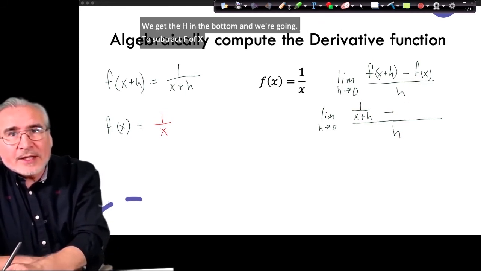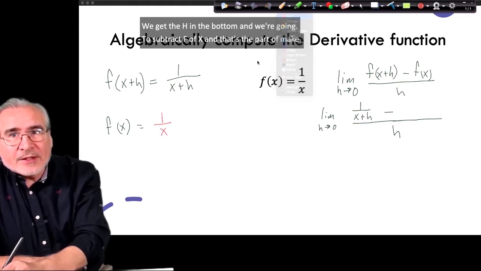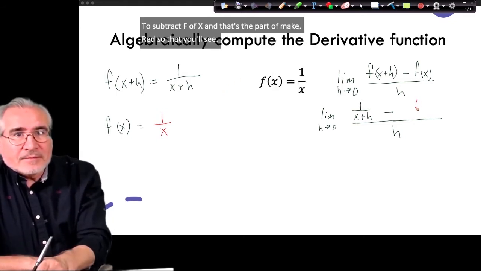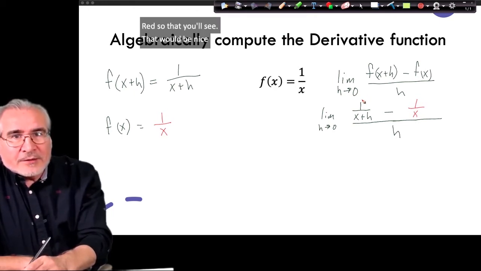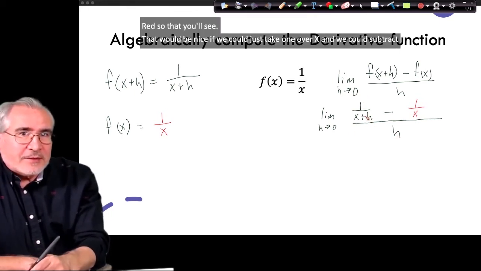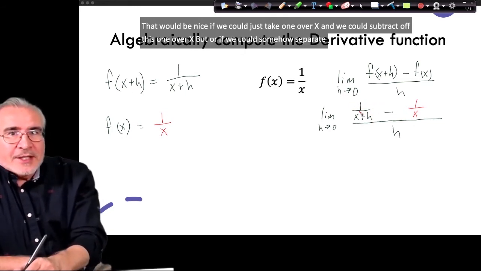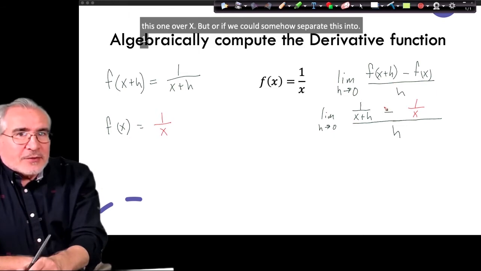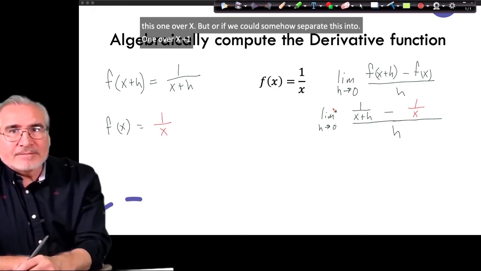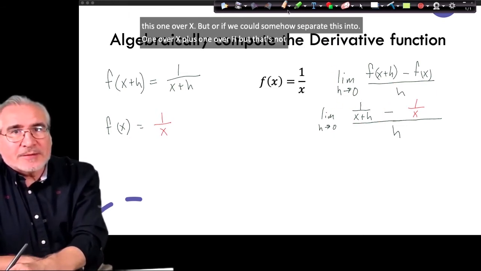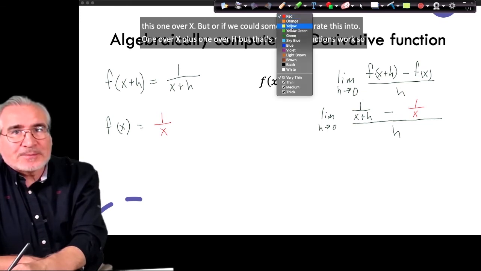And that's the part I'll make red so that you'll see. Now, it would be nice if we could just take 1 over x and subtract off this 1 over x, or if we could somehow separate this into 1 over x plus 1 over h, but that's not how fractions work.